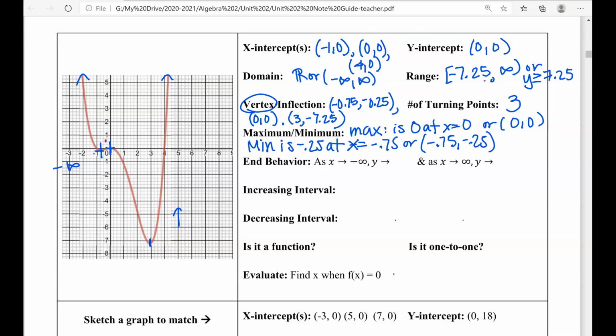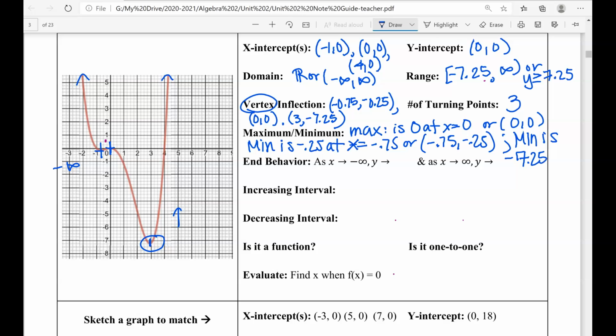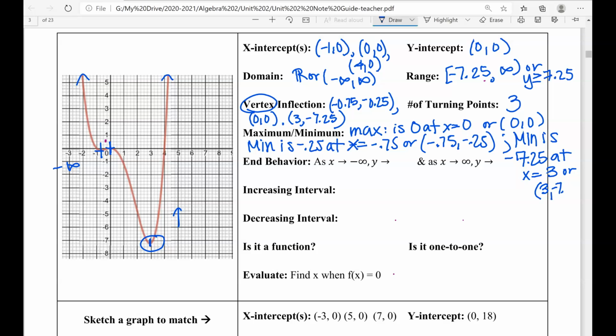Now the second min is right here in the bottom, and what's the second min? The y value is -7.25. So min is -7.25 at x equals 3, or we will take it just like the vertex, 3, comma, -7.25.